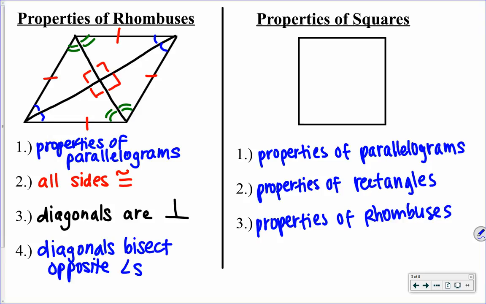So the square has properties of everything: parallelograms, rectangles, and rhombuses. So you can apply any property to a square and it's true.